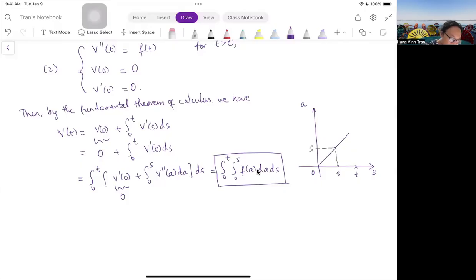So you can see that the domain of integration is exactly this triangle, this isosceles right triangle. Okay, this is our domain of integration.